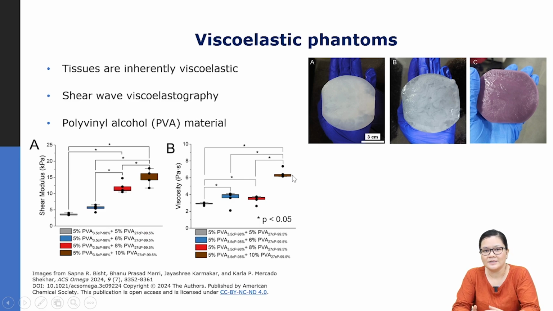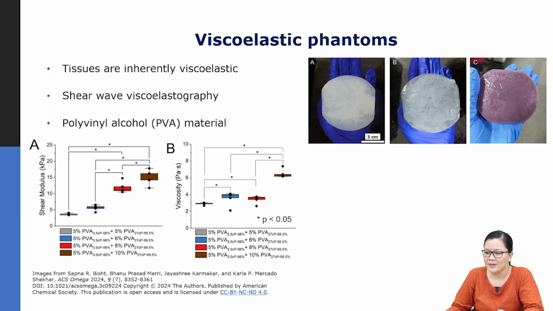Now, the challenge is that tissues are inherently viscoelastic, and most calibrated phantoms of known Young's modulus are considered linearly elastic. So there's a drive in the elastography field to develop viscoelastic phantoms. There are several groups developing shear wave viscoelastography algorithms, which will allow you to measure not only the Young's modulus, but also the viscosity of the tissue.